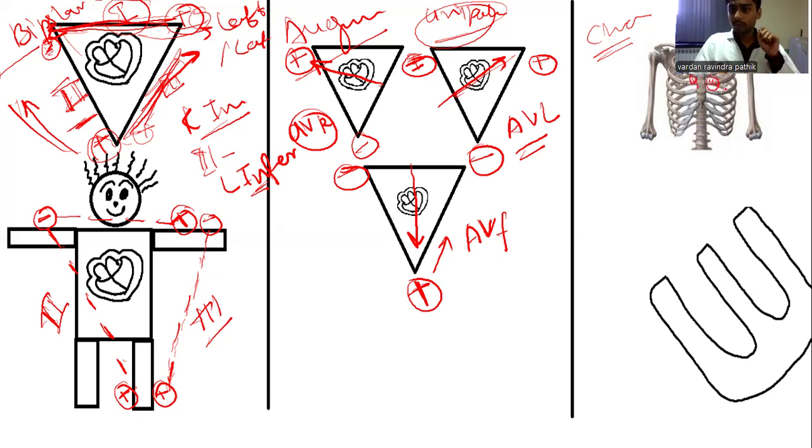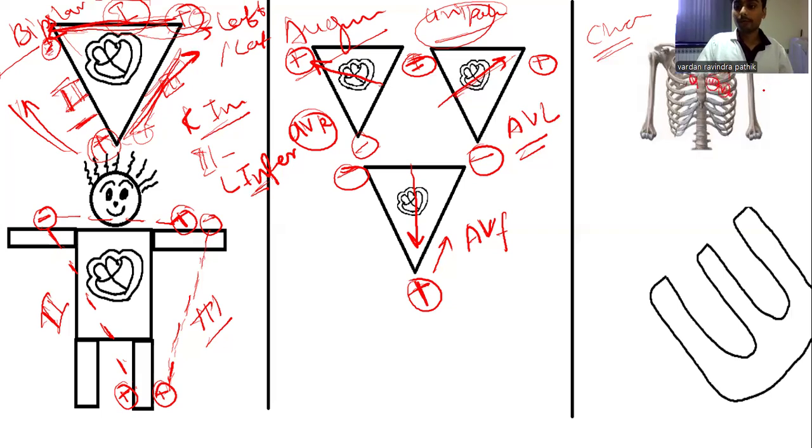Now, for V3, we will wait and put V4 at the mid clavicular line. This is your clavicle, and this is the middle of the clavicle, mid clavicular line. In the fifth intercostal space, we will put our V4. V3 will come between V2 and V4, right here.